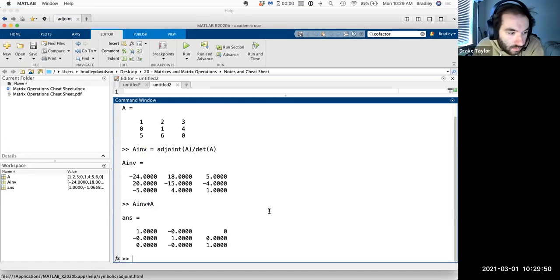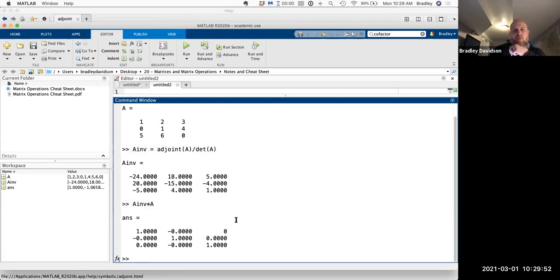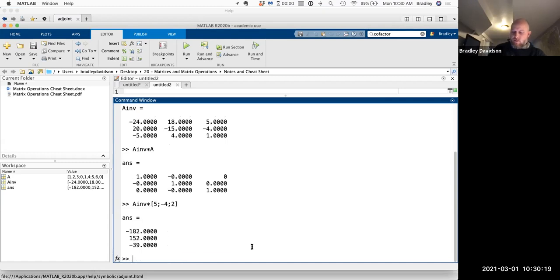So A inverse multiplied times A gives us our identity matrix. So 1, 1, 1, and then zeros. And then if we take our A inverse and then we multiply it times the B matrix, oops, got the wrong one.